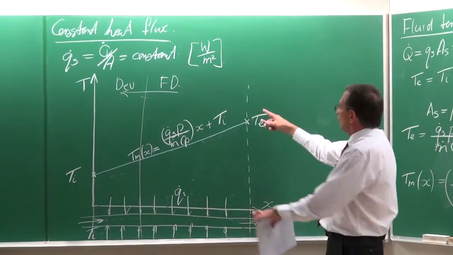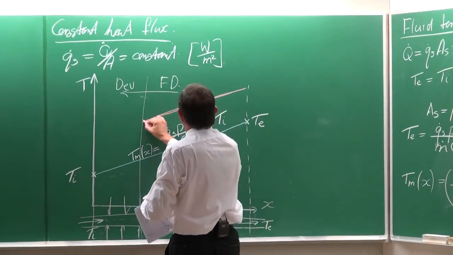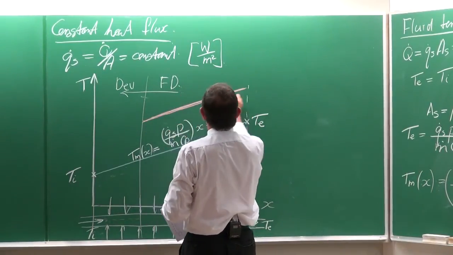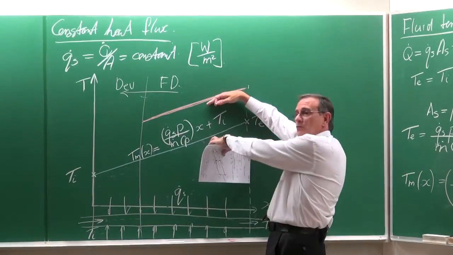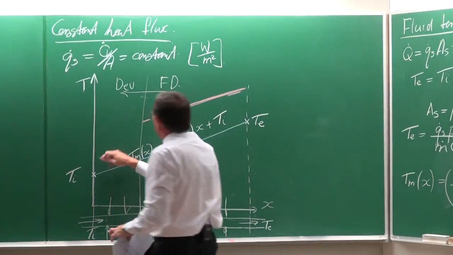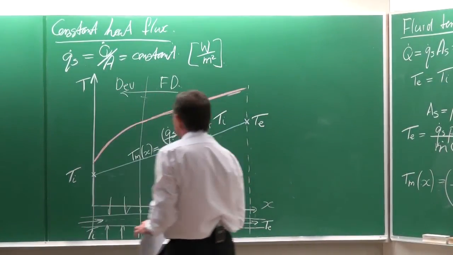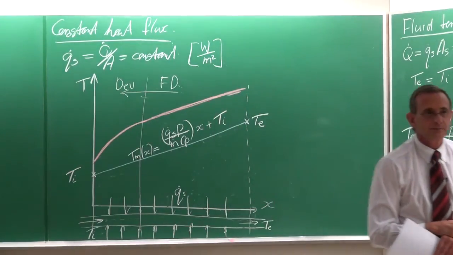Okay. For the fully developed part, the gradient of that line and that line will be exactly the same, and the delta T will be a constant. While in this part, when the flow is developing, you're going to have a surface temperature doing something like that.